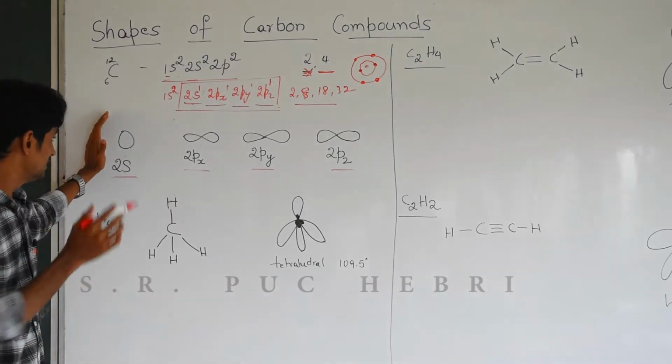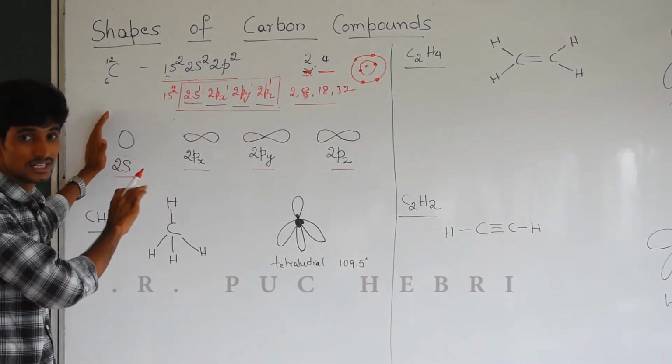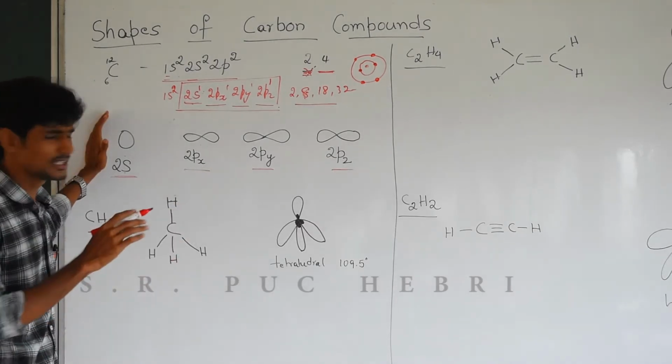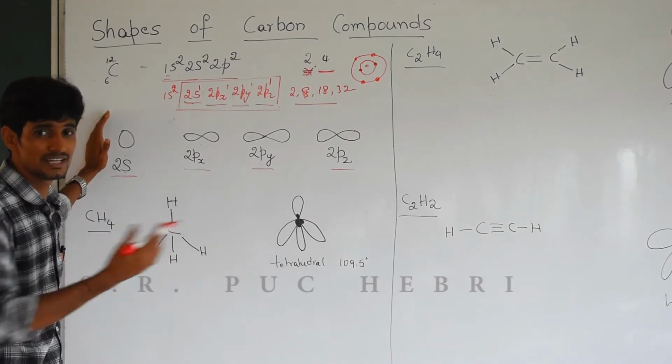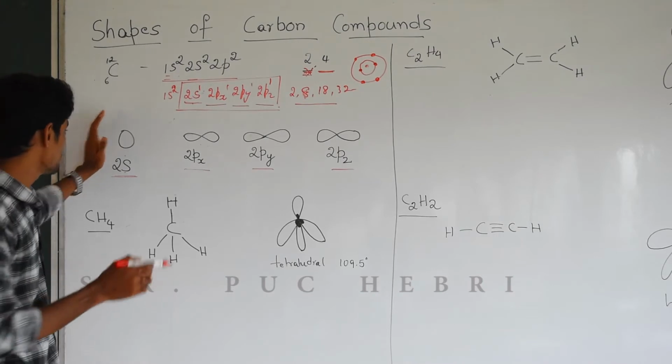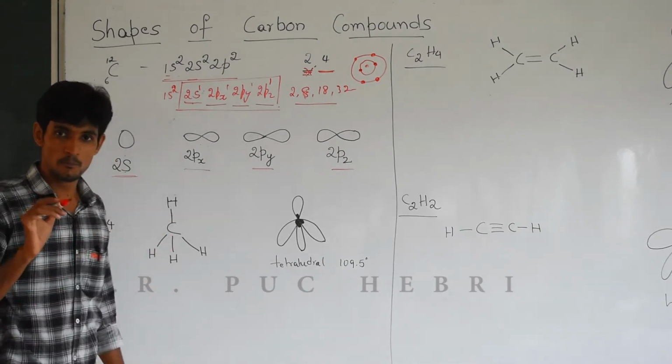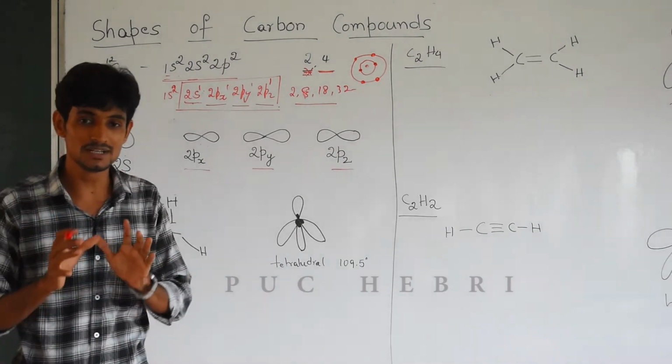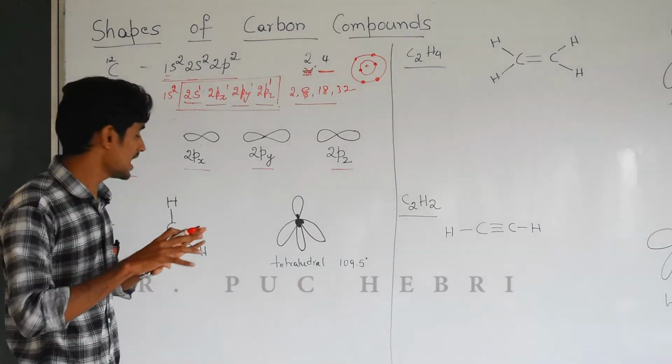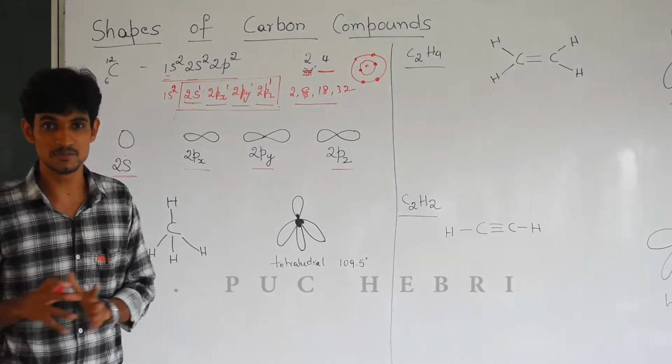If this is as such, there is no bonding at all. This cannot bond with any other element, because in order to form a bond, the bonding orbitals, the outermost orbitals, should have the same energy and symmetry.